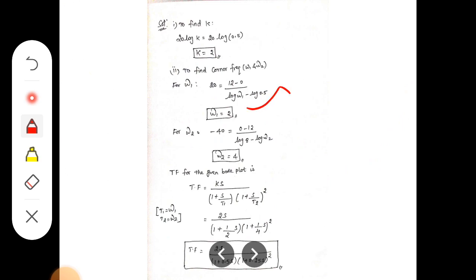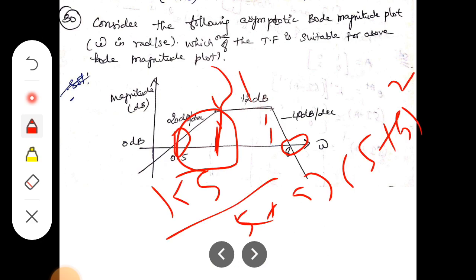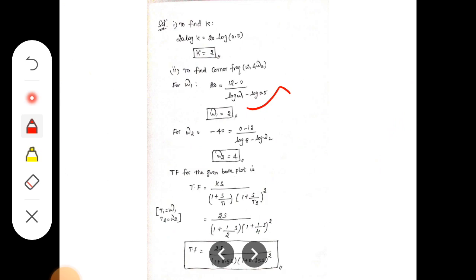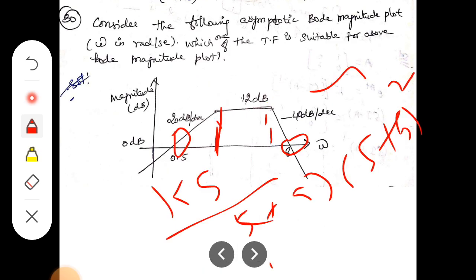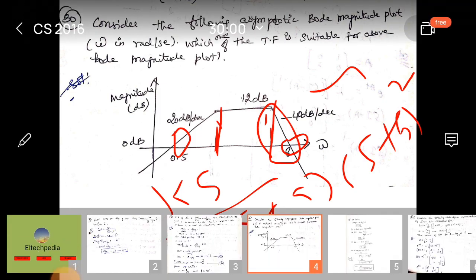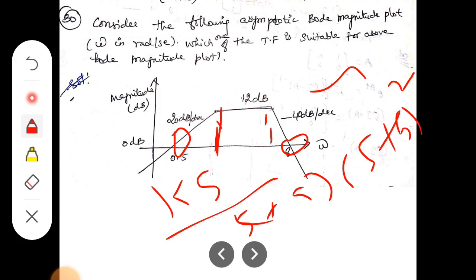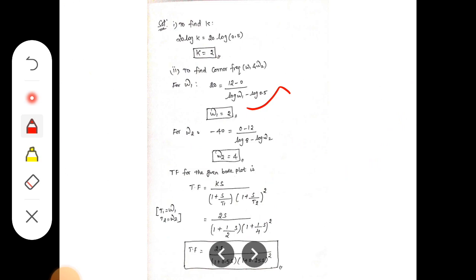Similarly omega 2, here consider the second slope is 40 degree, it will be taken as this one. So from this 40 degree, 12 minus 0 will be replaced here as log 8 minus log omega 2. Finally we want the value of omega 2, so log 8 minus log omega 2, it will be simplified and we calculate omega 2 is equal to 4.